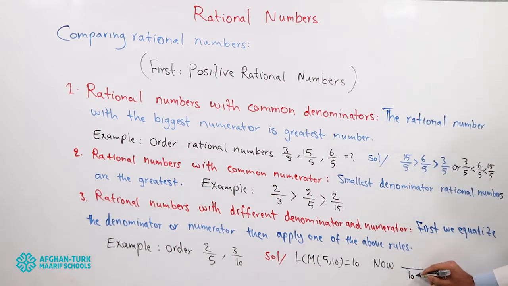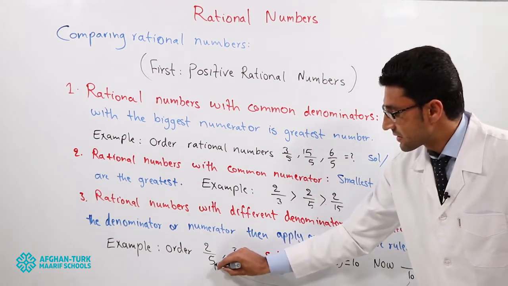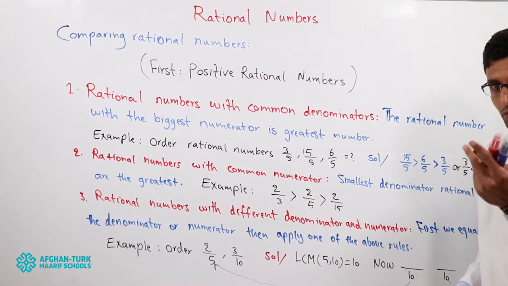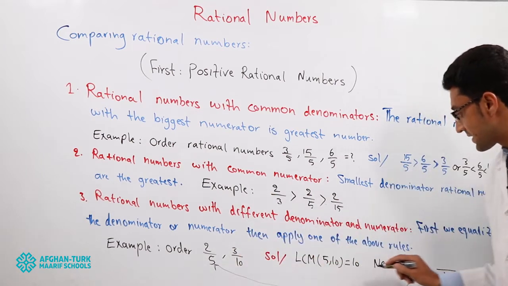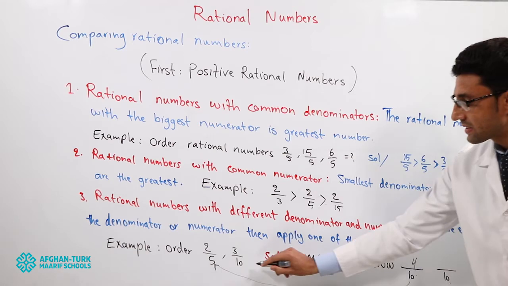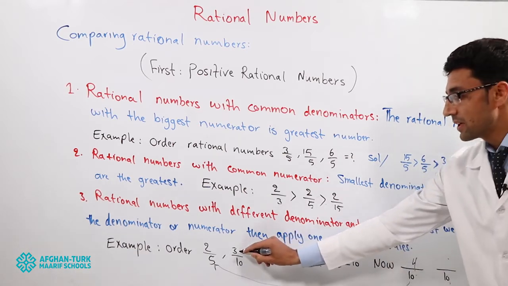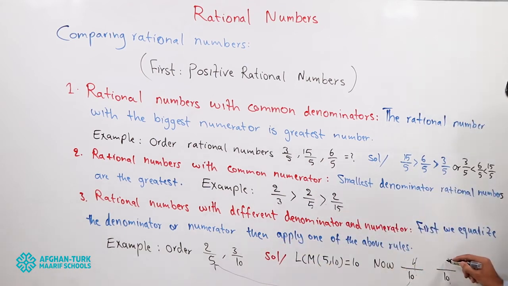Okay, 10 and 10, because we have 2 rational numbers. At first I do this: 10 over 5 is how much? 2. 2 multiplied by 2 is 4. Now 10 over 10 is how much? 1. 1 multiplied by 3 is 3.